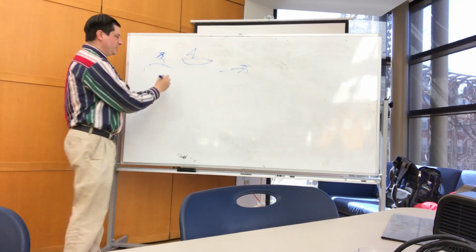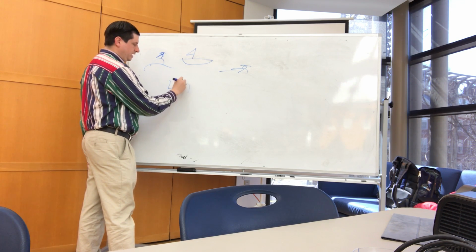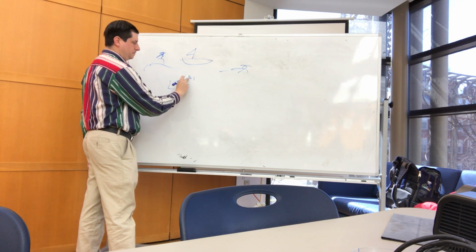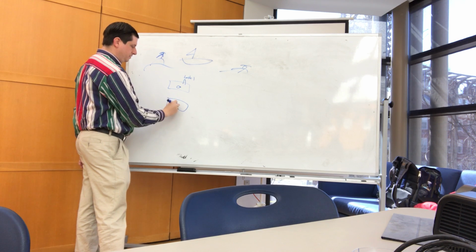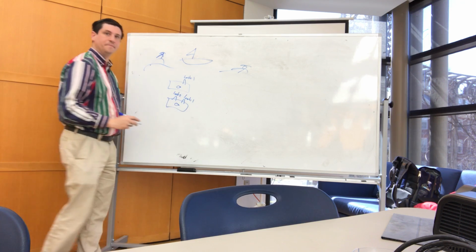And the idea is you start off with the box, you put in the ring, and the first person locks it. Then you send it over, and then the second person locks it. So lock 2, lock 1.